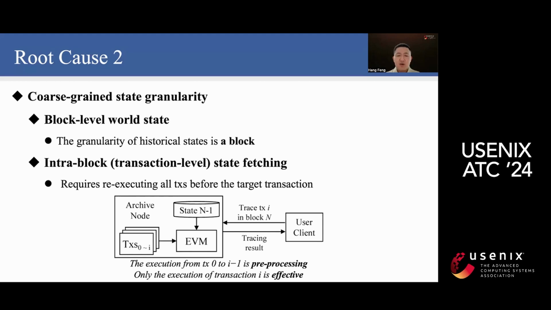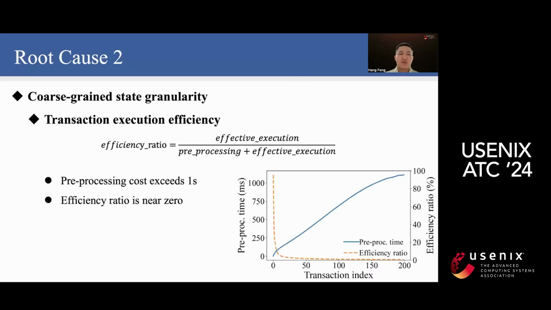In fact, only the execution of transaction I is effective, where the execution of other transactions is the overhead of preprocessing. To quantify how inefficient this coarse-grained state granularity is, we use Geth to re-execute historical transactions and analyze the efficiency ratio.